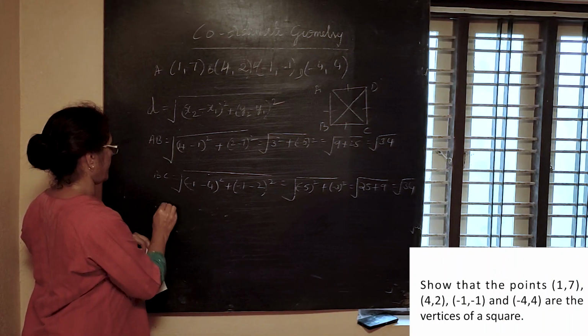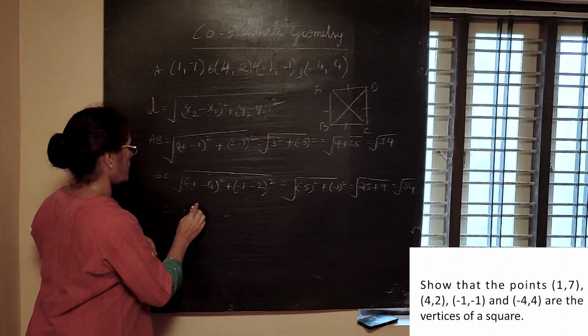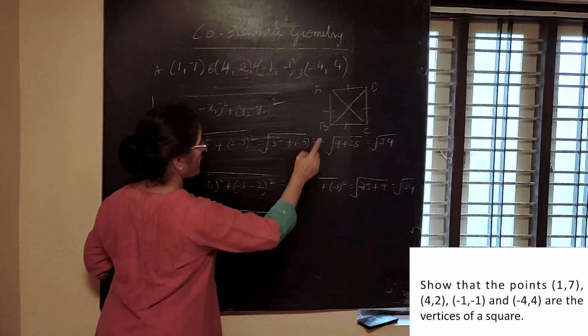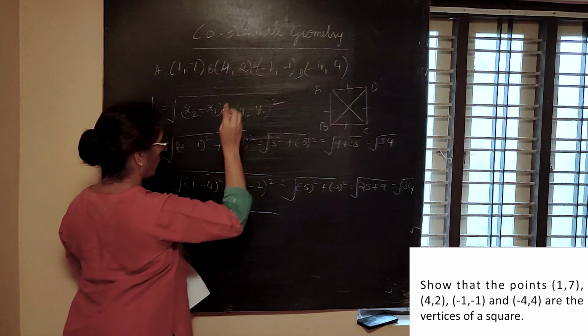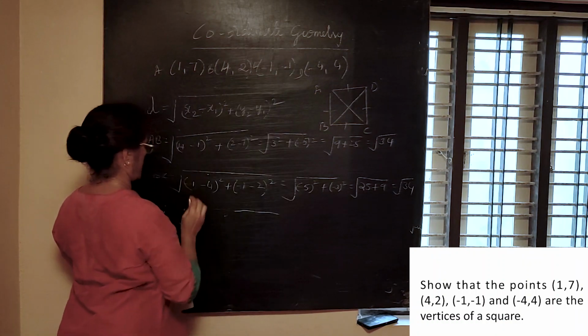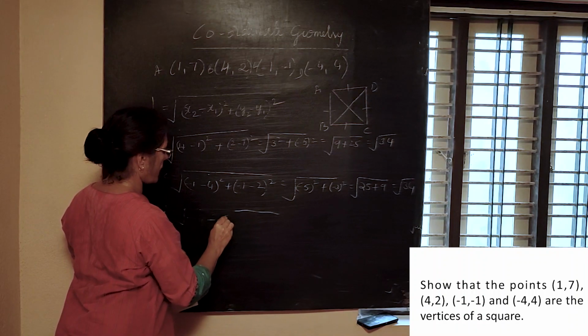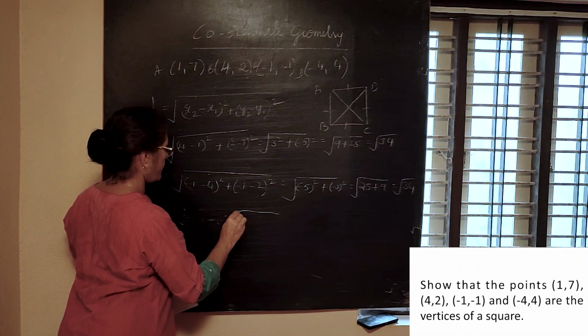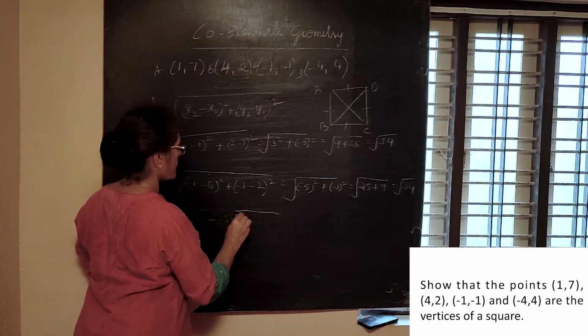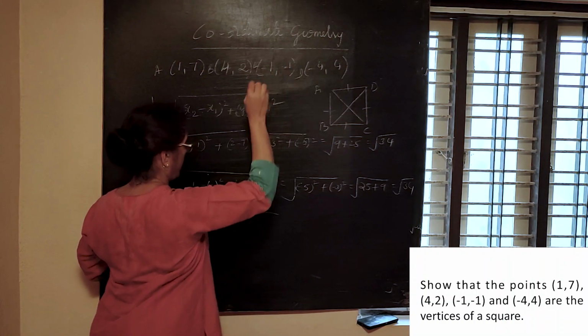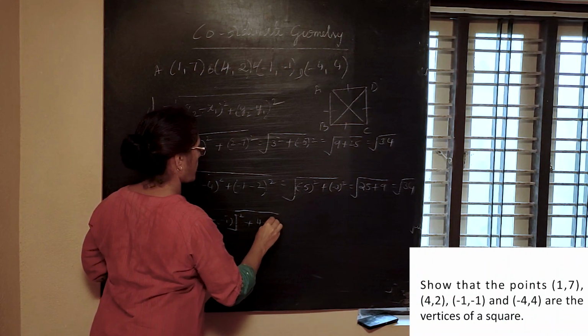Now let us see CD. CD is equal to square root of minus 4 minus of minus 1 the whole square plus 4 minus of minus 1 the whole square.